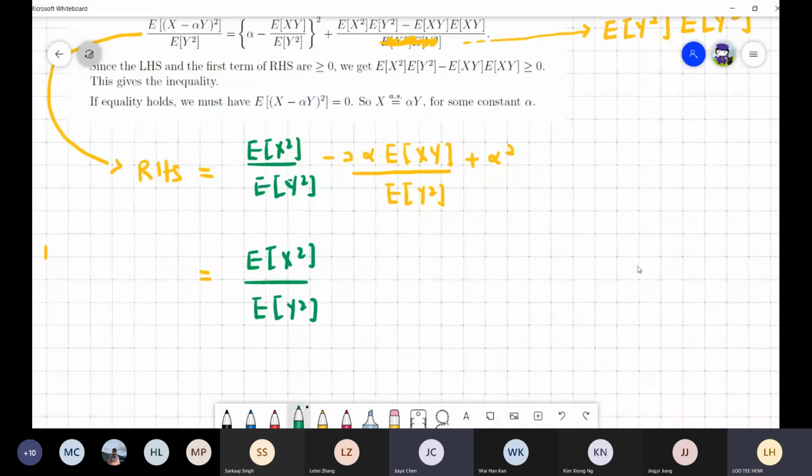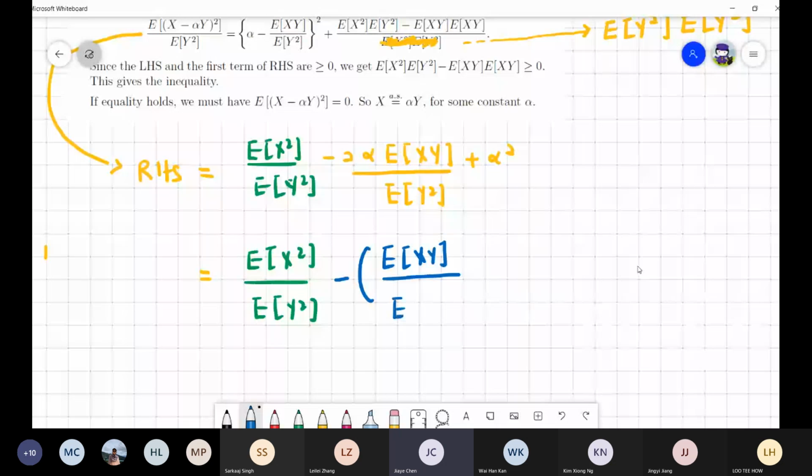So you look at these two. What we can do is we just minus one extra term. So this one, square.